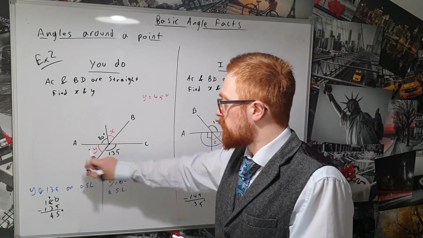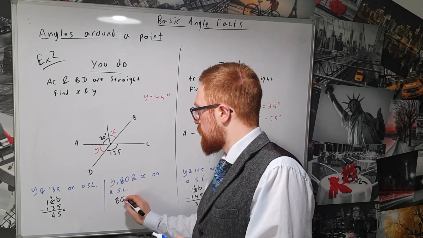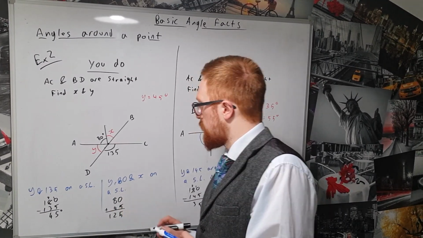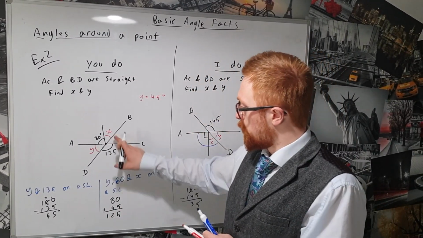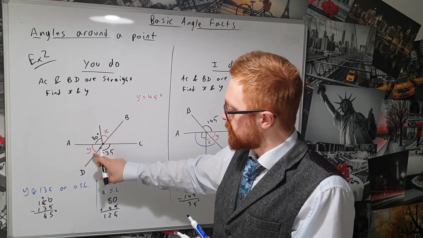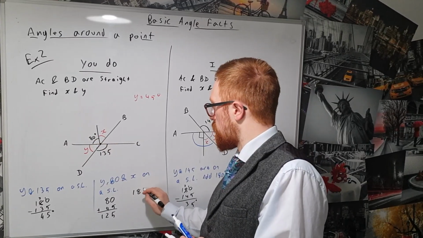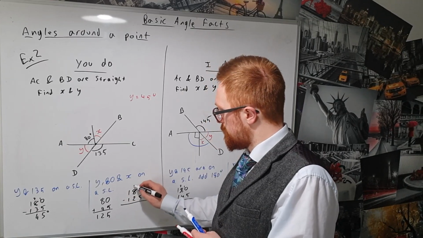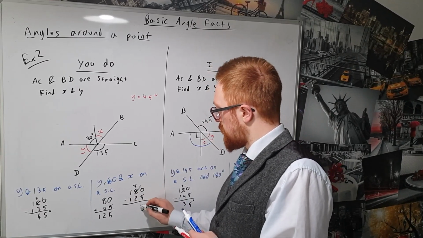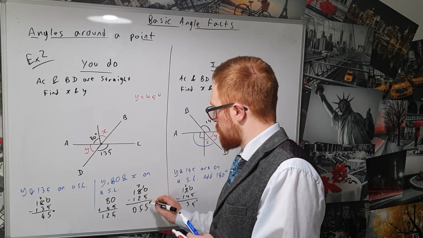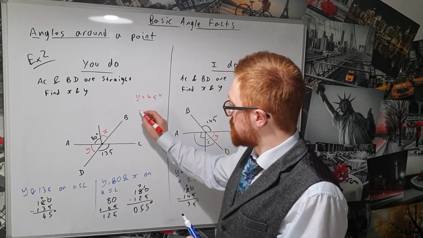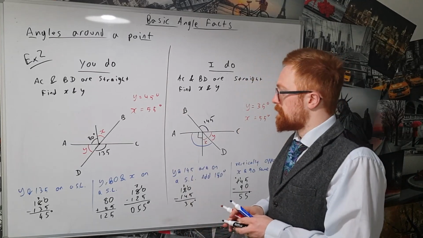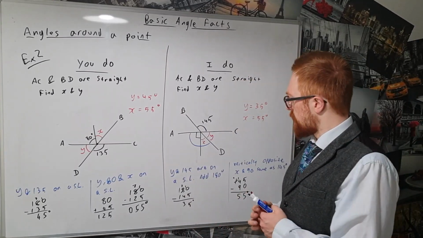But I know y is 45, so I can do 80 plus 45, that gives me 125, and then to work out x, I need to take the 125 away from 180. So that gives me 55 degrees. So x is equal to 55. Good job if you managed to get that done at home.